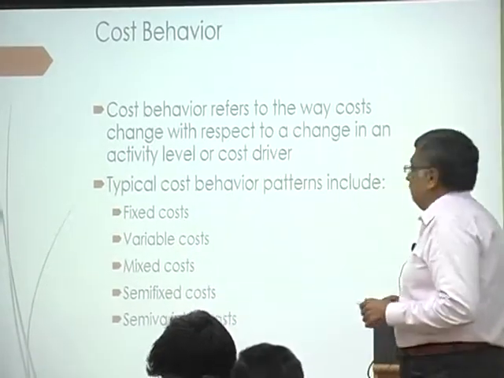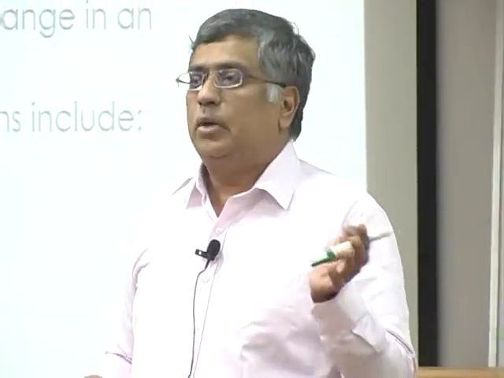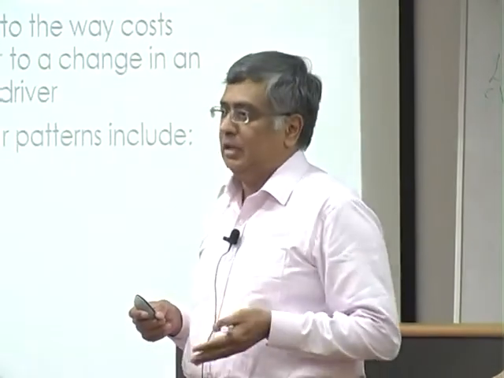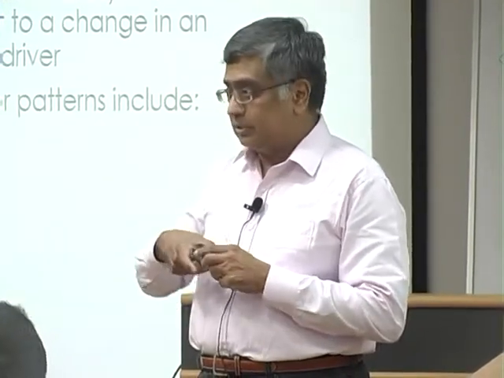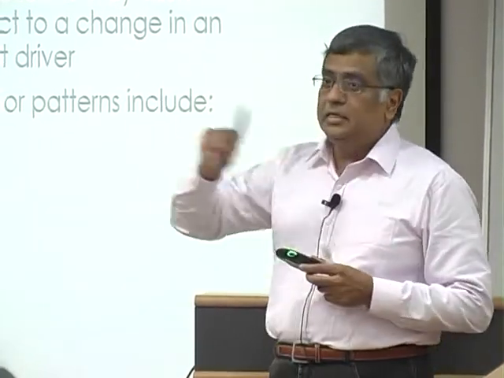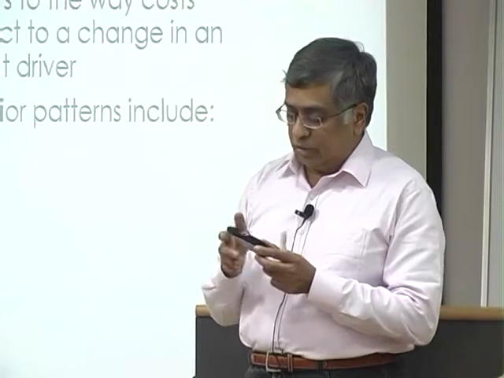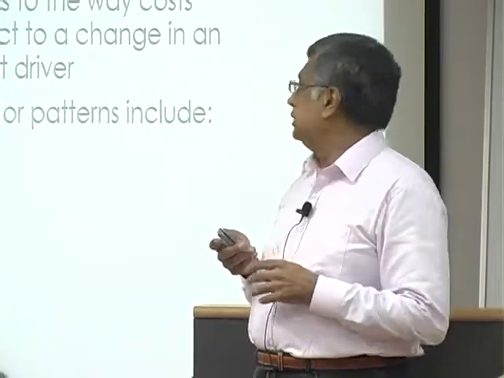The first one is fixed cost. If a fixed cost doesn't vary according to the activity level, anything which does not vary according to the activity level, it's fixed, it's a straight line, that's a fixed cost. And variable cost is a linear increase with 1 unit, there's a 1 unit increase in the independent variable, there's a 1 unit increase in the dependent variable.